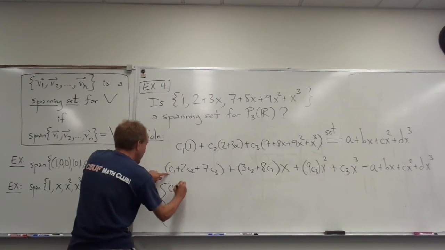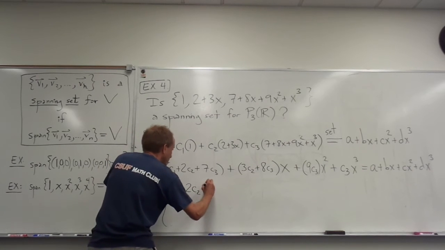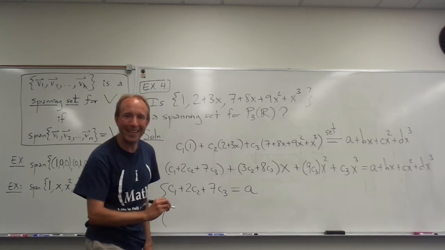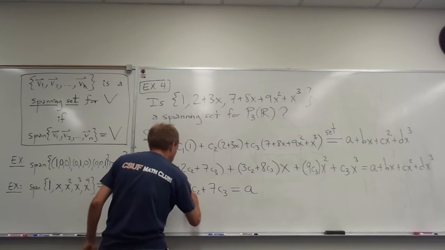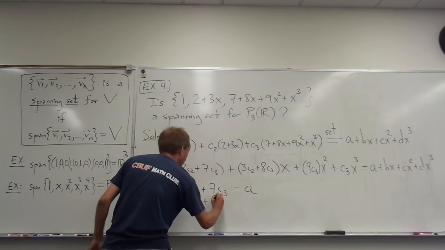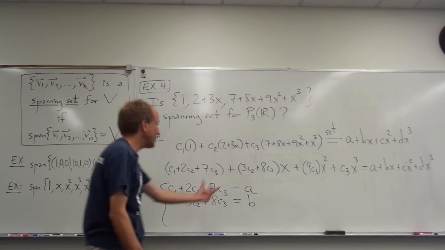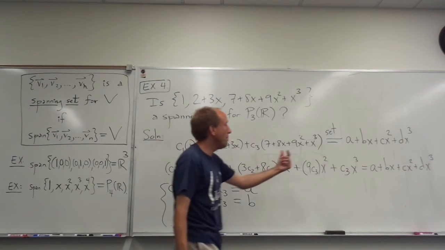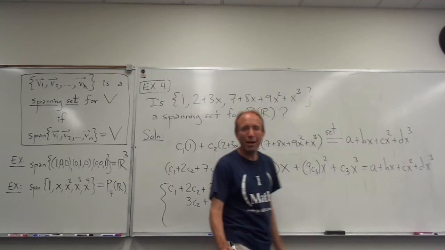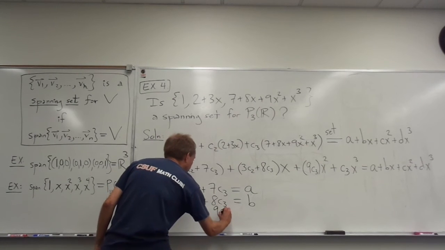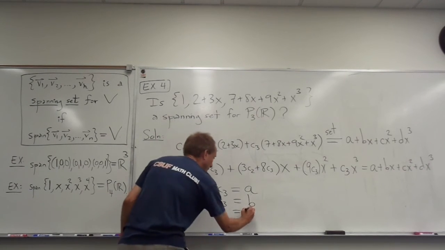The constant term here, C1 plus 2C2 plus 7C3, has to equal a. And then the next equation, 3C2 plus 8C3, has to equal b. That's the x term on the left side matching up with the x term on the right side. And then the x squared term, 9C3, has to equal c.